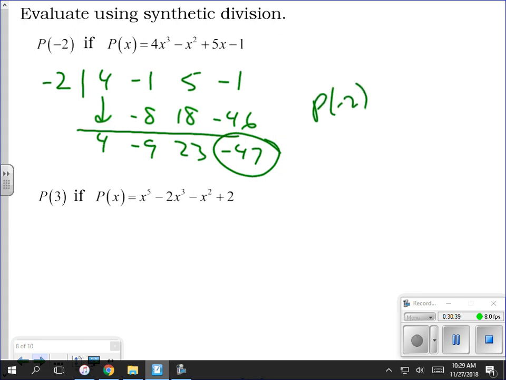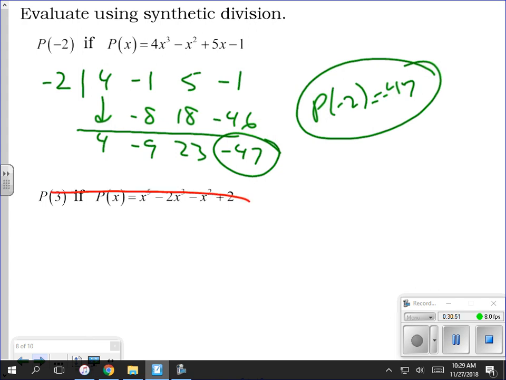P of -2 is -47. And that's the same problem we already did, so you don't have to worry about doing this one because we just did it on the previous page. It's slick. It's easy. Much easier than trying to plug them in and evaluate them.